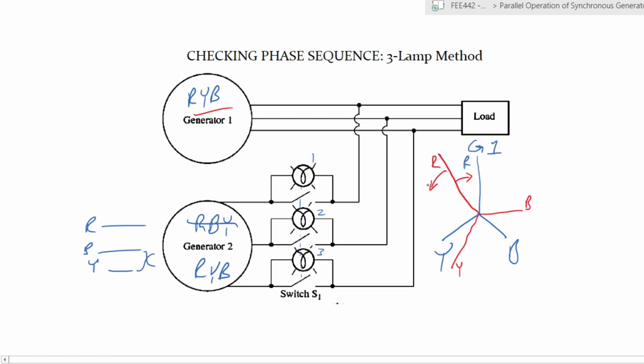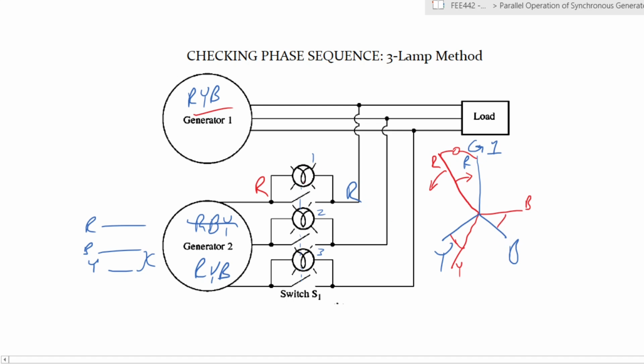And it is that difference, because if you look at this circuit, this is the equivalent of your red from the main circuit, and this is your red phase from the generator 2 circuit. So your lamp is connected across these two, right? And your lamp here is also connected across these two and across those two.